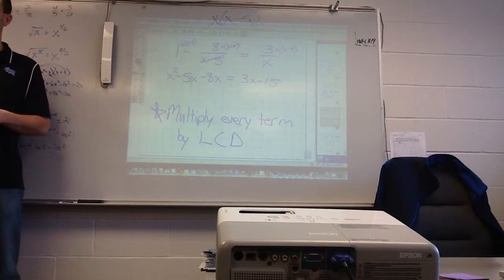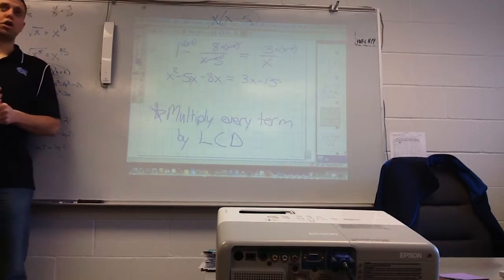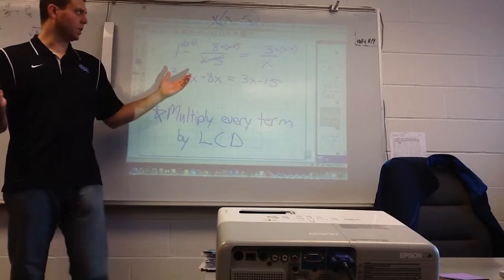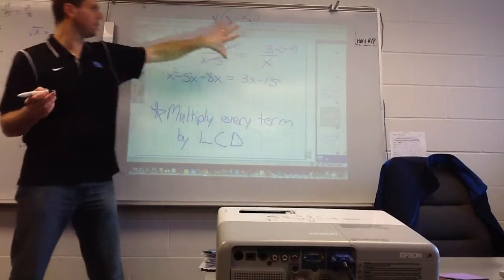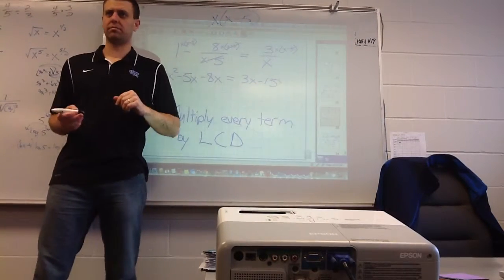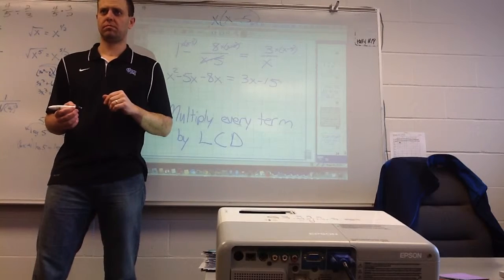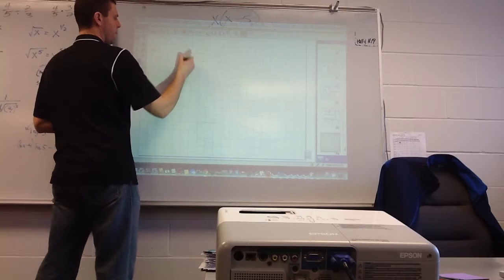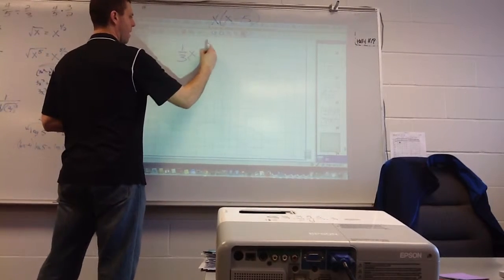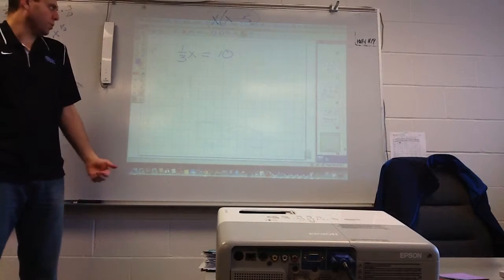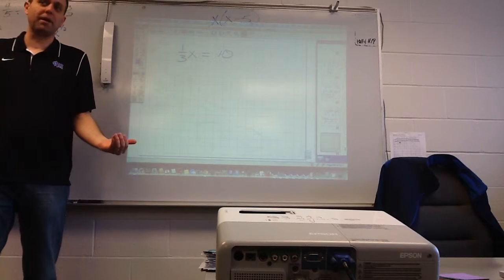How come you know how to do both the top and bottom? It's okay to do this because really I'm multiplying both sides of the equal sign by the same number. You know, like if I had this, would it be okay for me to multiply both sides of the equal sign by 3?